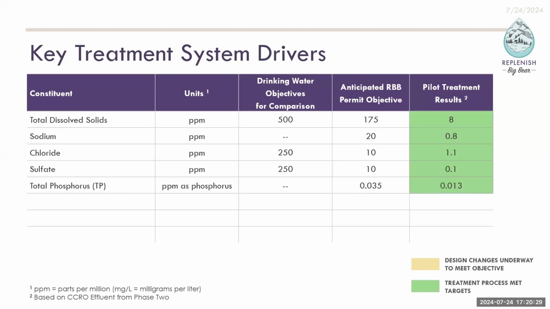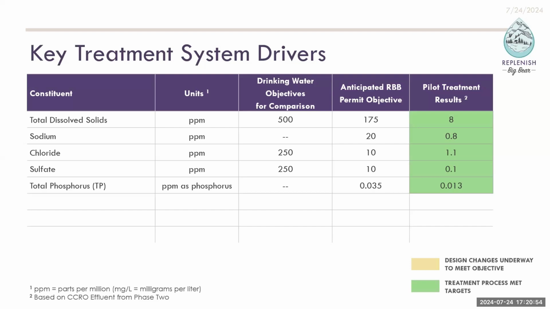Next, one of the 2 nutrients we focused on being total phosphorus. You'll see there in the second column, ppm as phosphorus, really just to make sure we're talking the same language as the regulators, engineers, et cetera. For different types of phosphorus species, you bundle it into total. For our anticipated objective, we have 0.035 ppm.